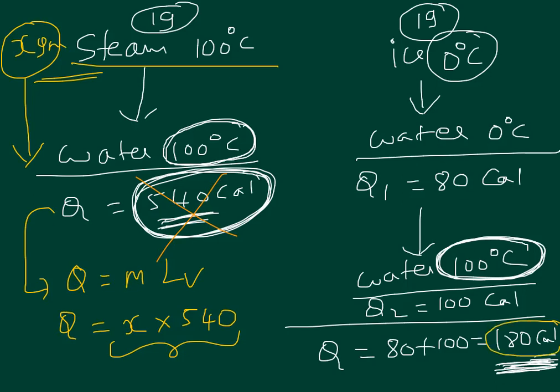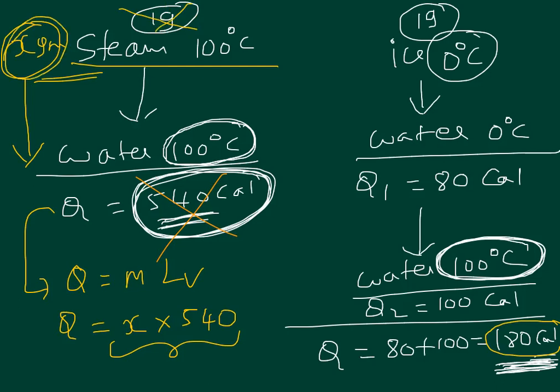180 calories. That means to convert 1 gram of ice at 0 degrees to water at 100 degrees centigrade, we don't require the total 540 calories. Even less than that is sufficient. 180 calories only we require. So there is no need to convert the total 1 gram of steam.